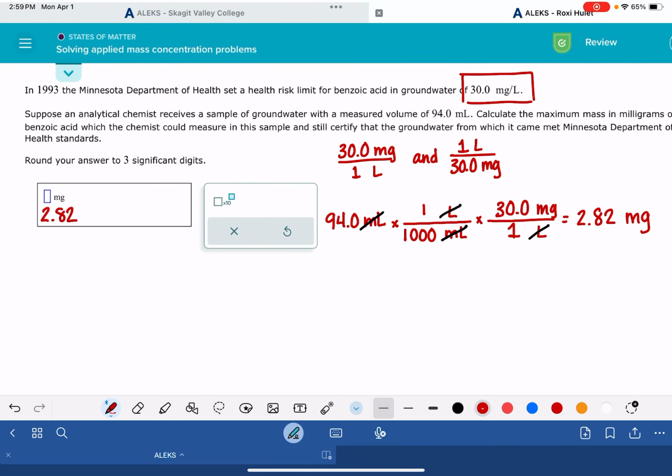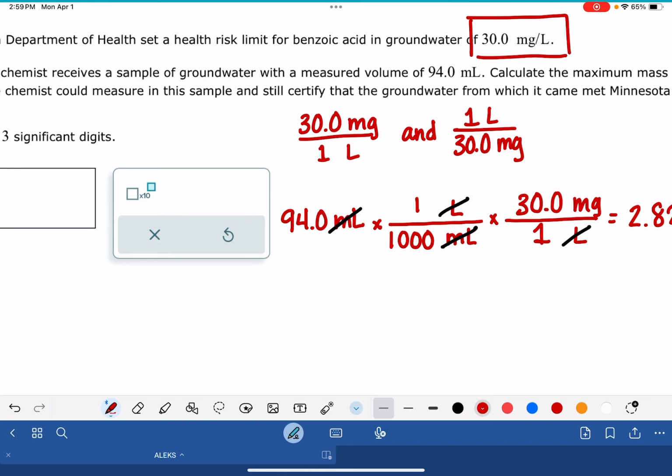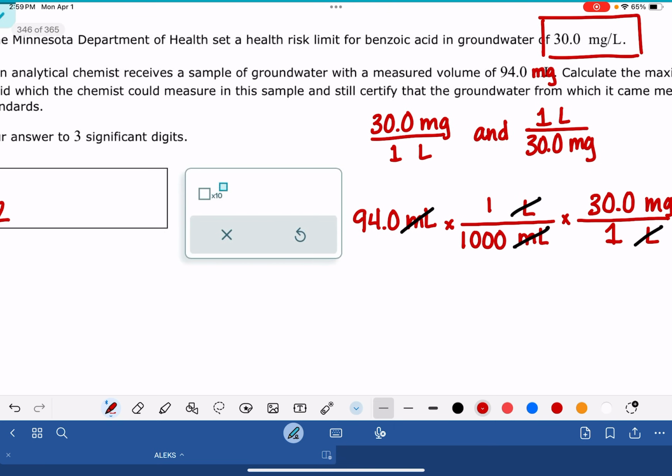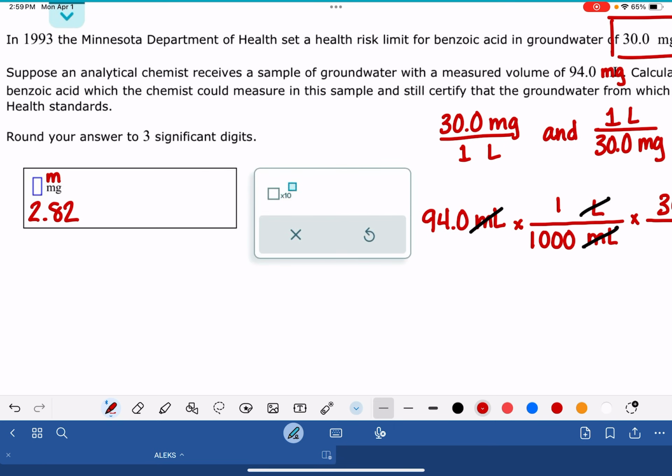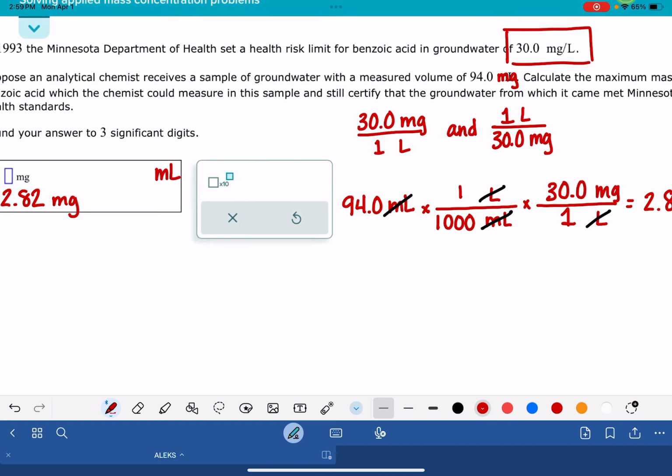Now, if you had the other version of the problem, let's say that I had 94 milligrams and ALEKS wanted me to calculate milliliters instead. I'm going to write this over here just so that it's not super confusing. If I had this version of the problem, I would start by writing 94 milligrams.